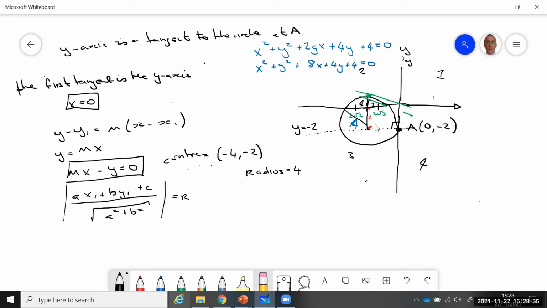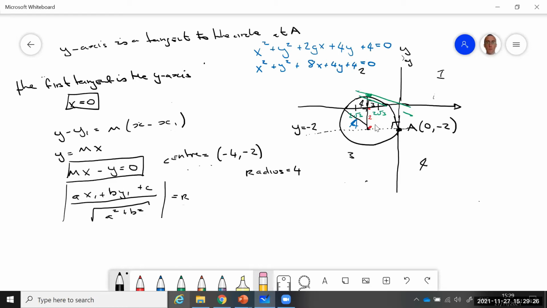So just to recall from your course, a is the coefficient of the x term in the equation of the line, x1 is the x coordinate of the point of interest, b is the coefficient of the y, y1 is the y coordinate of the point of interest, and c is the constant in the equation, and r is the radius. So we can sub in our values.